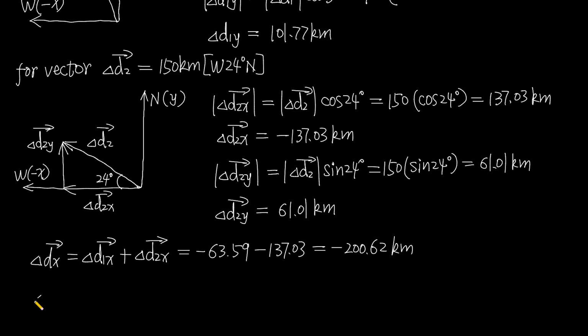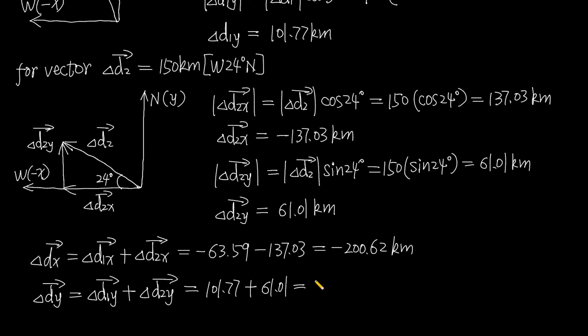Then the vector delta dy just equals the vector delta d1y plus the vector delta d2y. And this equals 101.77 plus 61.01 equals 162.78 kilometers.